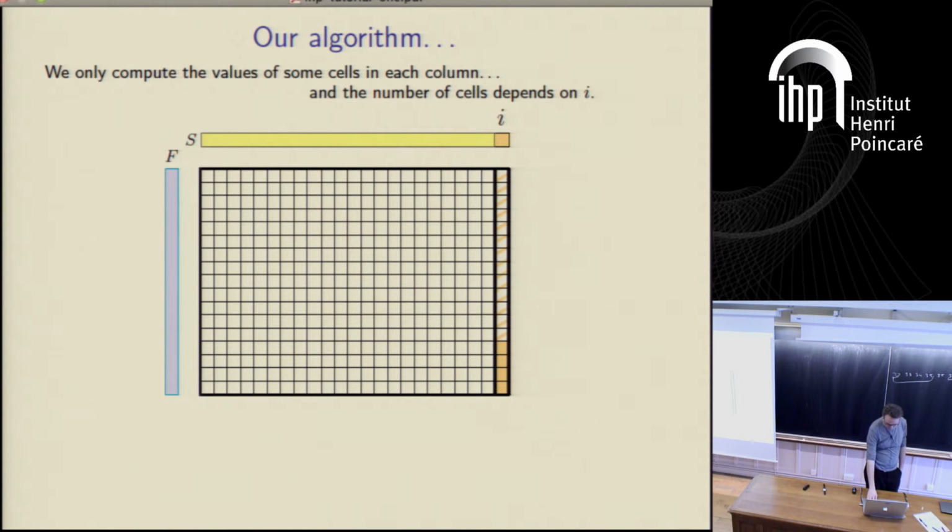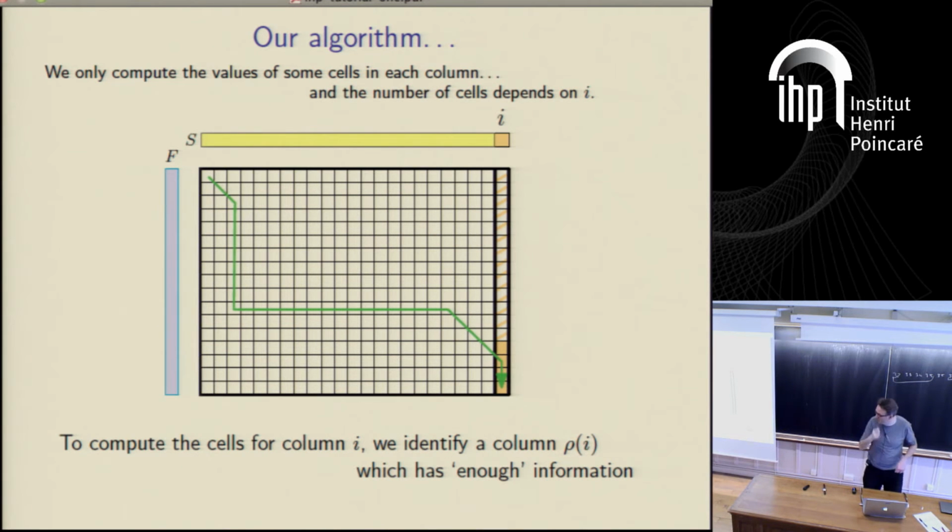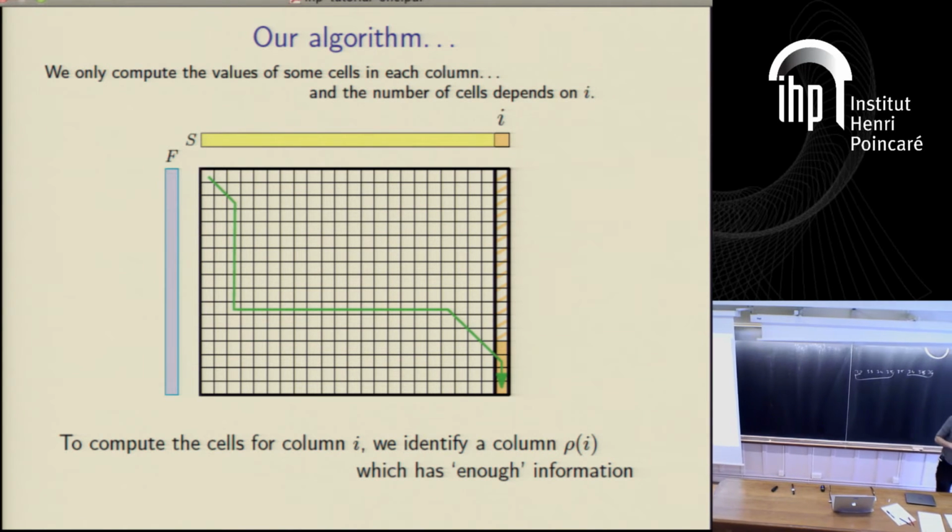Okay. So, where have we got to? We want to compute this value down here. What we're going to do is actually compute these values here, and we're not going to compute any of these values here. Now, there's an important trade-off here, which I think one has to understand.